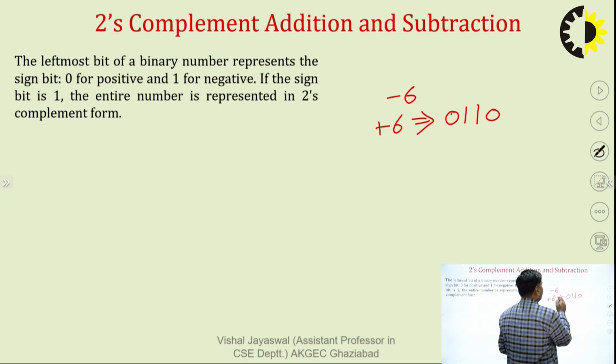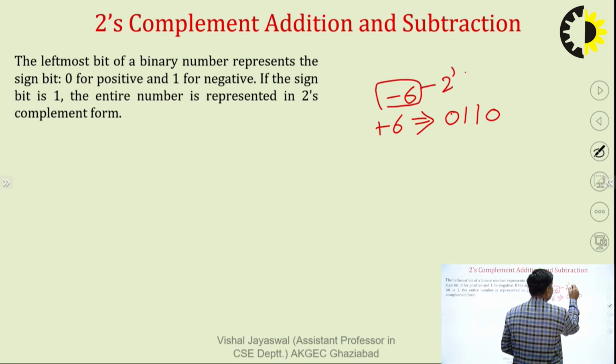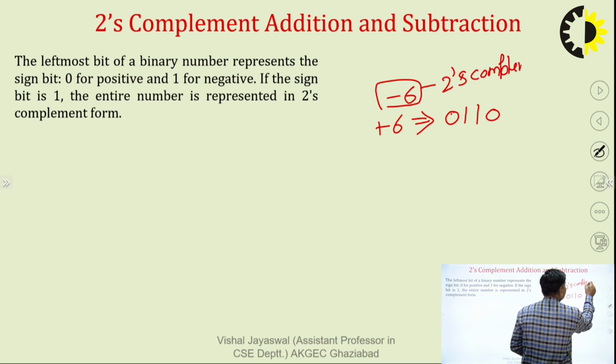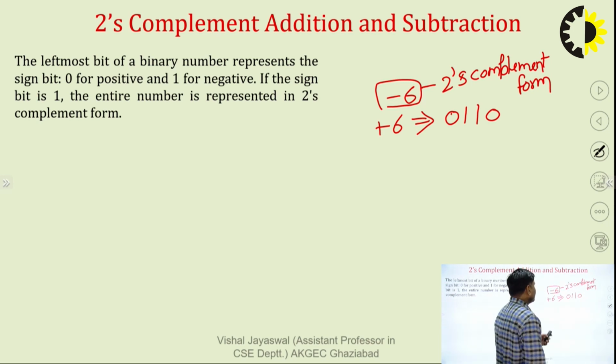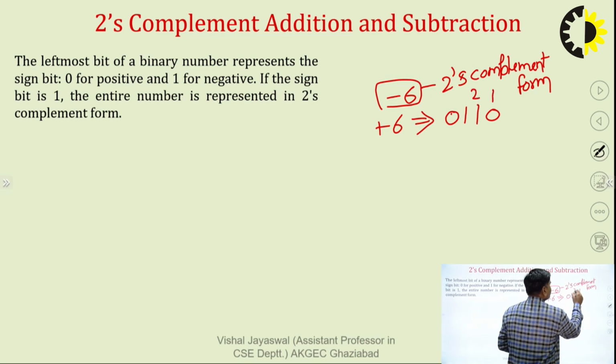And if you want to represent minus 6 in 2's complement form, then we take plus 6. We write plus 6 in binary, that is 0, 1, 1, 0. It means 1, 2, 4 and 8, 4 plus 2, that is 6.